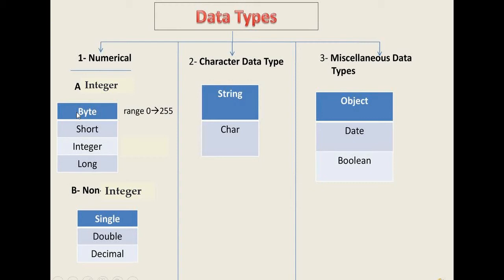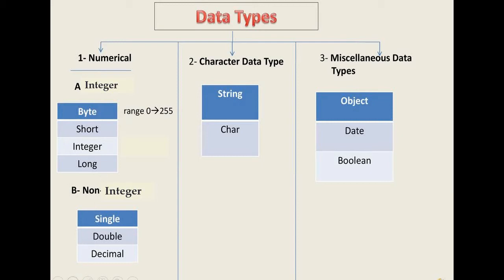By using this data type, the program restricts the user to only enter up to 255. If the user enters 256 or 260, it will be invalid. So the user has to only enter values in this range if the programming language selected byte inside the numerical data types.